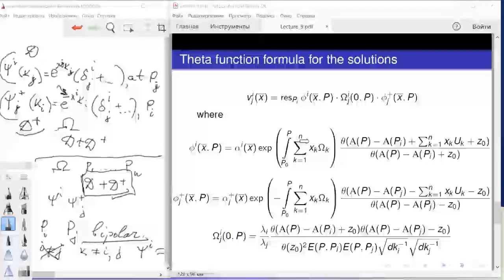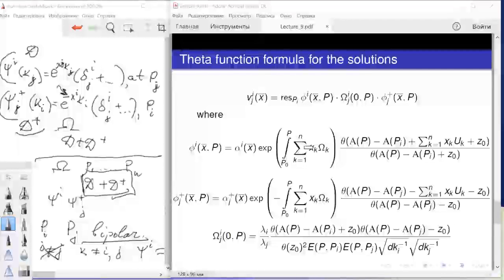There were no xk in the original formula, but here they appear.